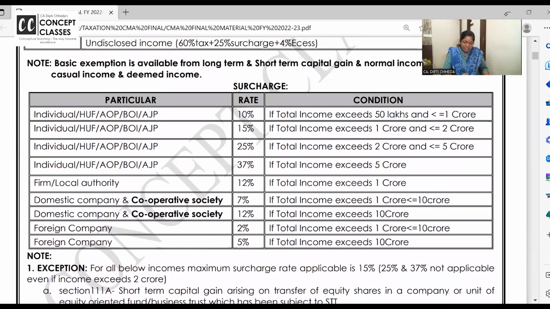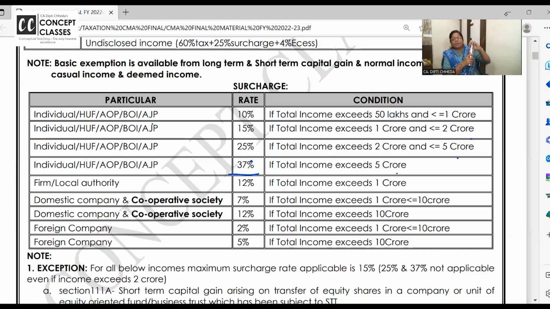If an individual, HUF, AOP, BOI, AJP is earning above 50 lakhs, less than 1 crore, on tax they need to pay surcharge at the rate of 10%. 1 crore to 2 crore, 15% surcharge. 2 crore to 5 crore, 25%. And if your total income from all the heads exceeds 5 crores, the surcharge rate is 37%.